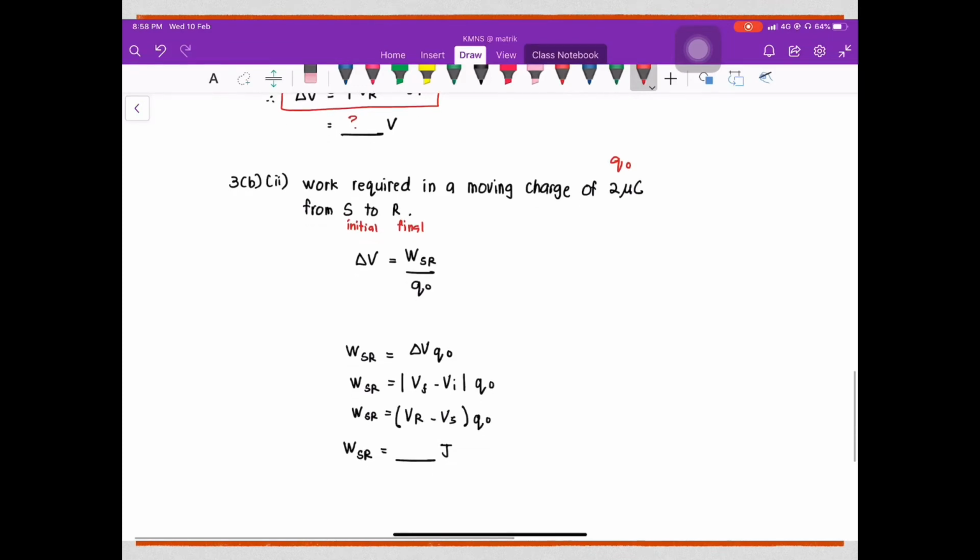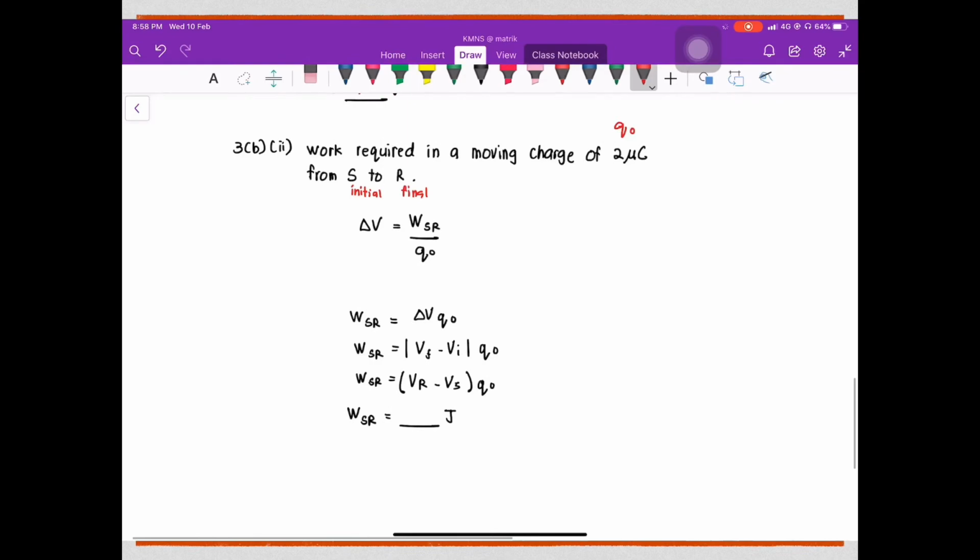So that's why look at the related equation. So delta V equals work done S to R over Q0. And then here look at the final minus initial. So final is R, initial is S. So Q0 refers to this one. Okay, find in joules.